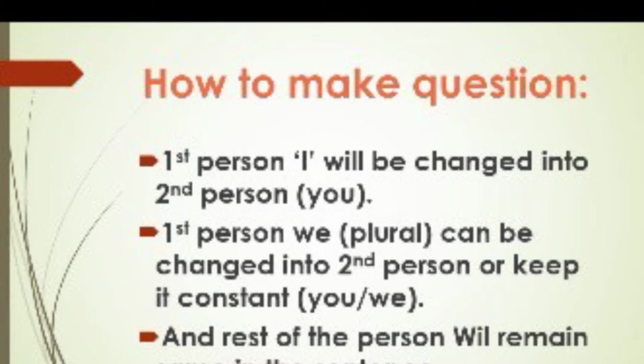If the first person plural number we is mentioned in the statement, it can be changed into second person you, or we can keep it constant, that means you can keep it we. The rest of the persons will remain the same in the sentences.